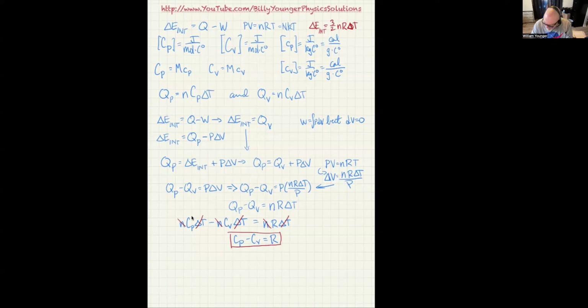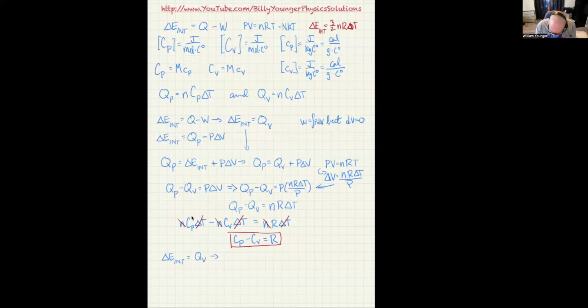So now what I'd like to do is try to compute the actual C sub V. If I want to calculate C sub V, I can take delta E internal, which we found earlier under constant volume is just equal to Q at constant volume.